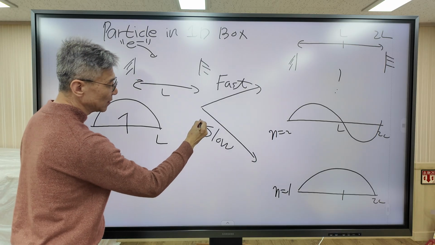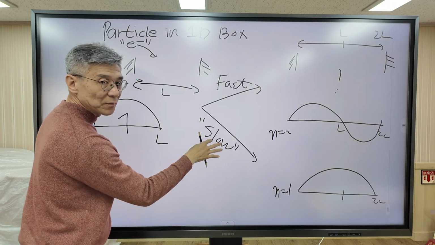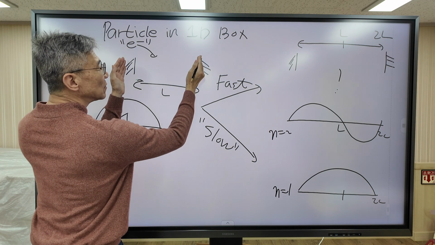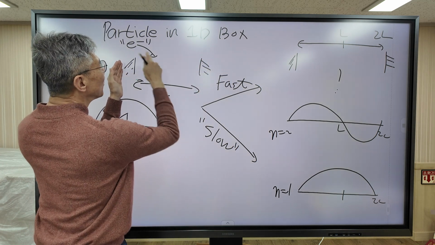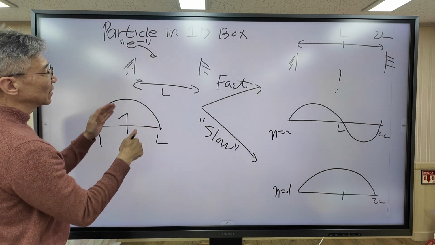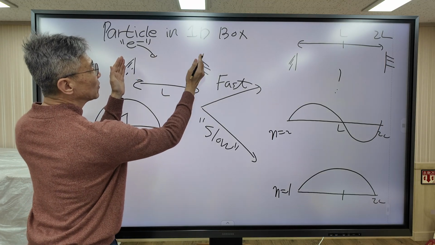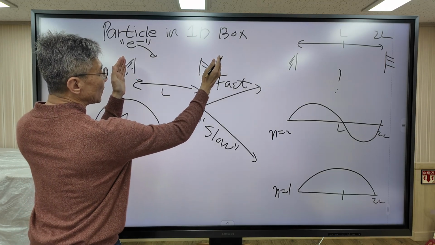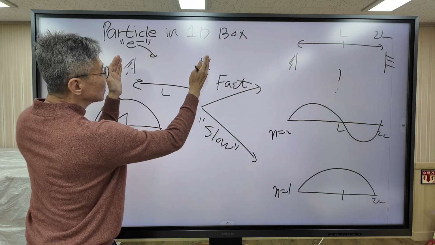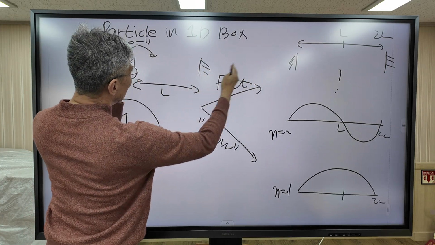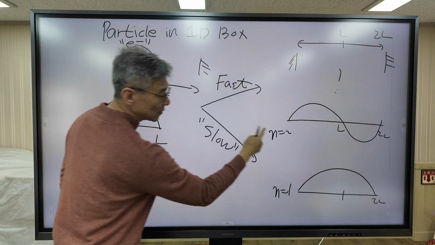Now I'm going to take this case, this scenario, when box moves slowly compared to the electron, then the electron follows the box. It has enough time to follow the walls. So final state, when the box reaches the 2L, the wave function transforms to this one.